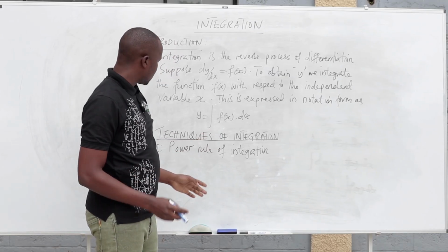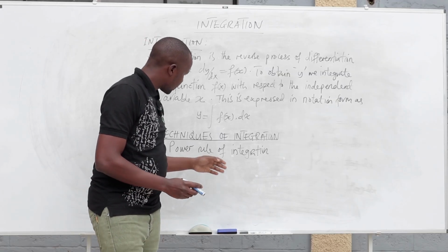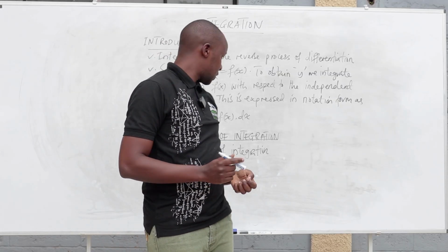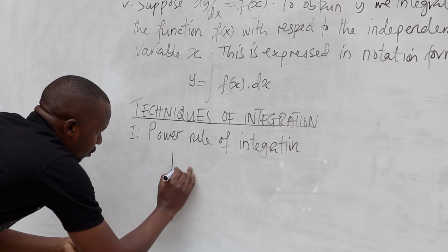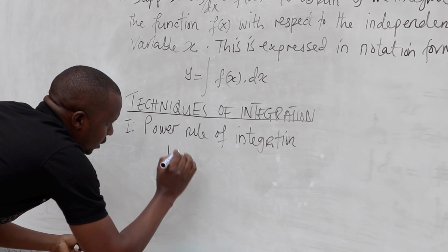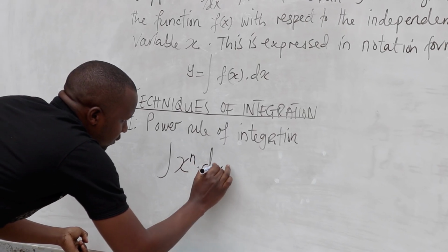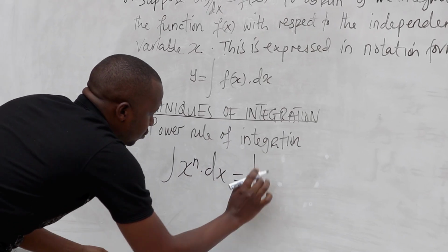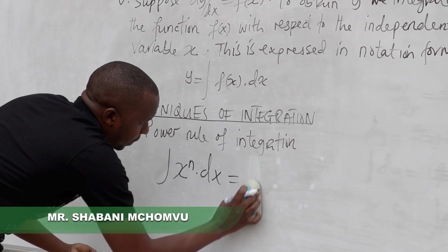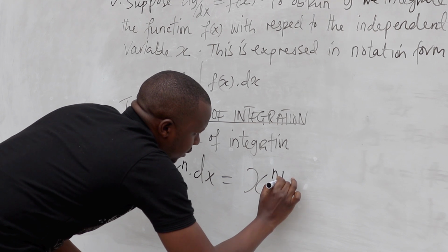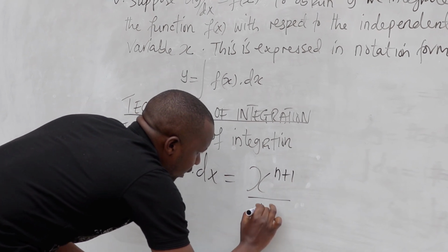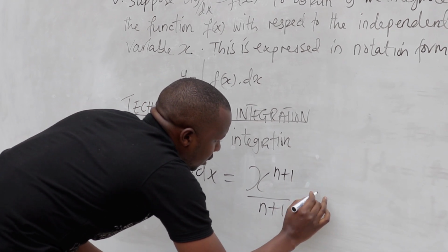Technique number one goes by the name power rule of integration, which is expressed as: the integral of the power function with respect to x is x to the n plus 1 over n plus 1.